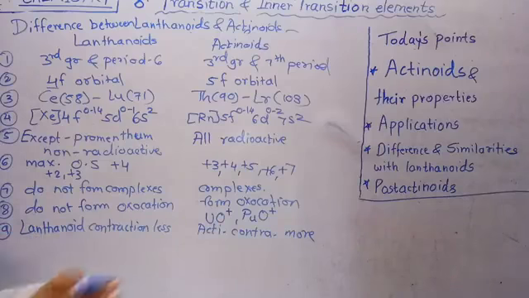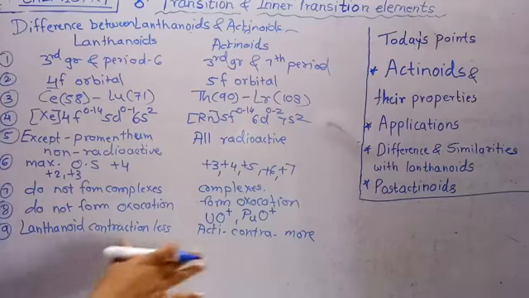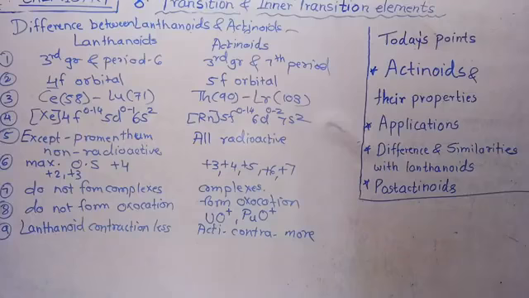What is lanthanoid and actinoid contraction? There is a gradual decrease in ionic and atomic radii with increase in atomic number, and this is more as compared to the lanthanoids. These are the differences between lanthanoids and the actinoids.